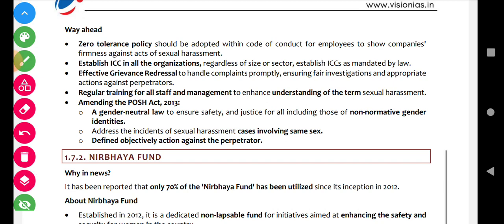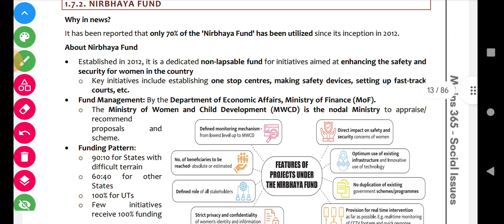And next is the Nirbhaya Fund. This Nirbhaya Fund was created in 2012 after perpetrators brutally sexually assaulted a girl in the Delhi case.